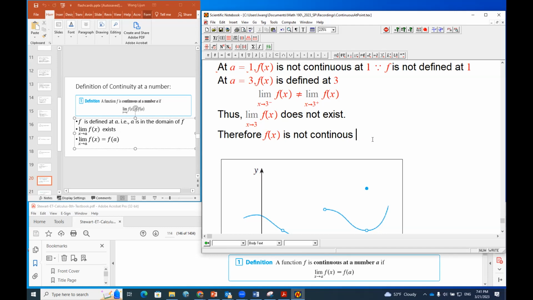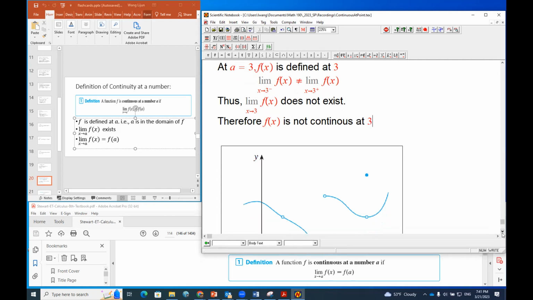Because you didn't mention where, you're making a general statement, f of x is not continuous, that's not true because f of x is continuous somewhere and discontinuous somewhere else. It's not discontinuous everywhere. Therefore, this statement will be deemed incorrect. You must mention where it is not continuous or discontinuous.